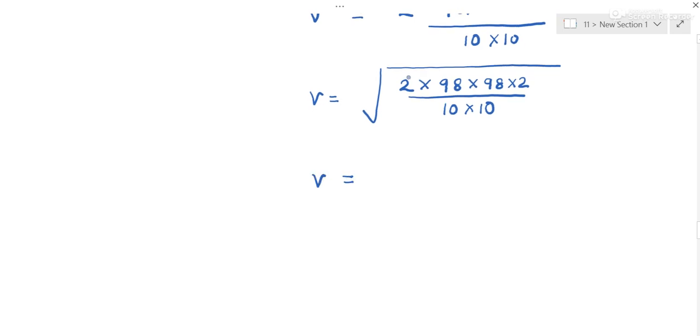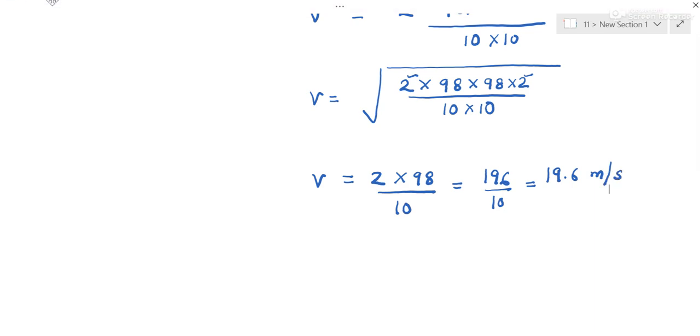Now see, 2 is twice, it can be written out. 9.8 is also twice, can be written out. 10 is also twice. So this is the velocity: 196 by 10, that is 19.6 meter per second in SI unit before hitting the ground. Or if you are taking 10, then you see.